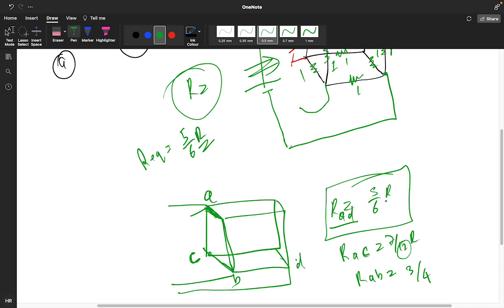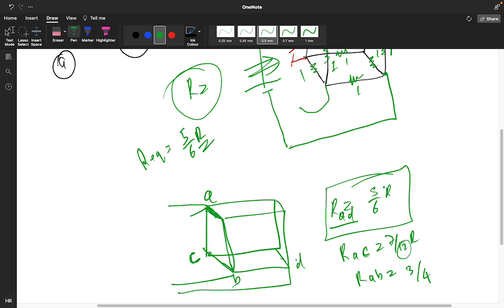And how will you remember the diagonal one? 12 minus 7 is 5, and 12 divided by 2 is 6. We had already discussed these things in the previous classes, so I am not going to tell you the same concept again and again.